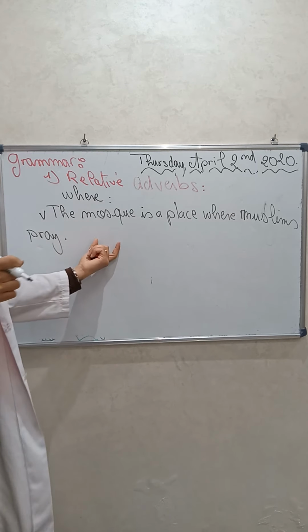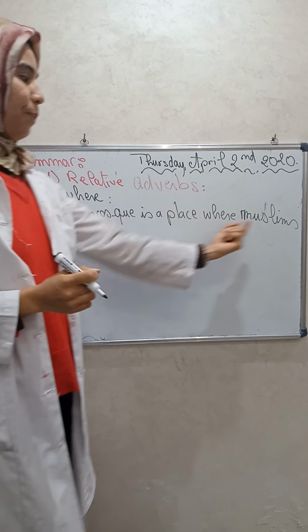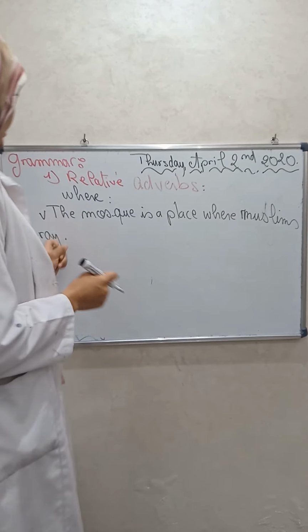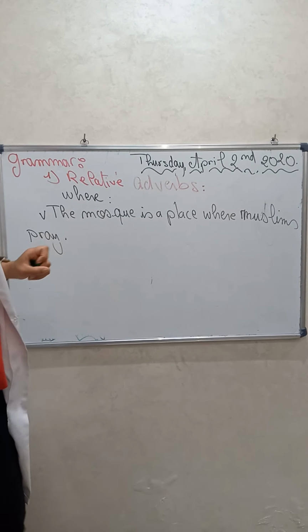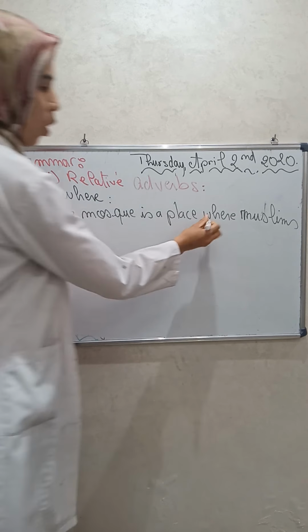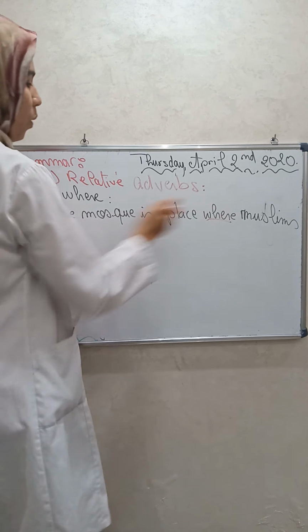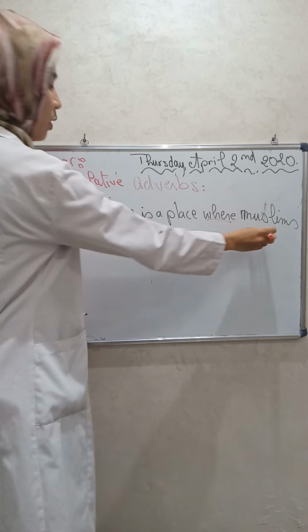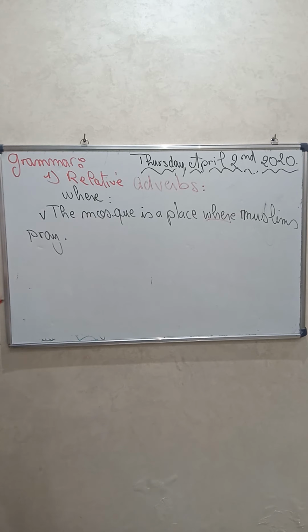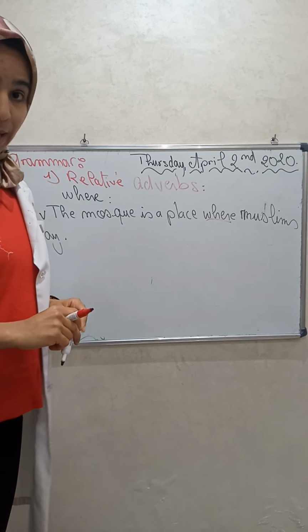So the mosque is here a location, it's where the action of praying happens. So relative adverb where, relative clause where Muslims pray, and what is left, the mosque is a place.